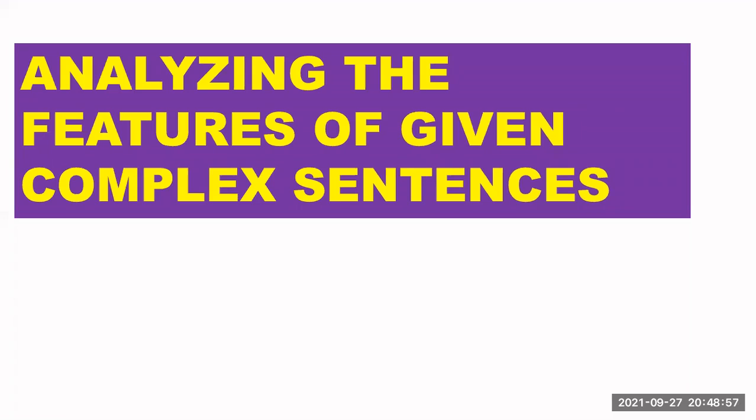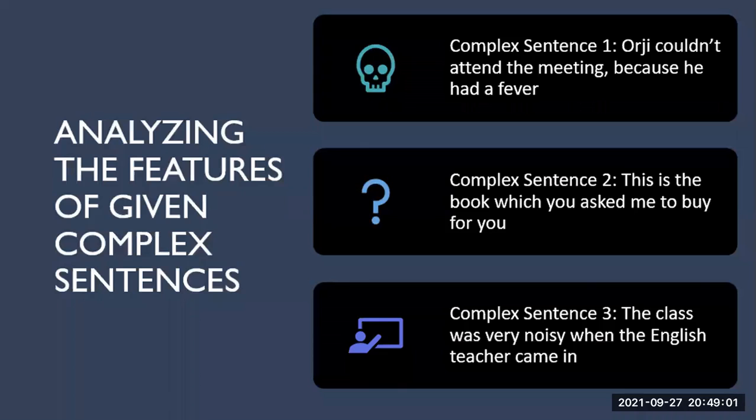Now, analyzing the features of complex sentences. Let's look at how you can analyze the structure of the various sentences. Now, complex sentence number 1, Oji couldn't attend the meeting. We are using a similar structure so that you will have a clearer view.